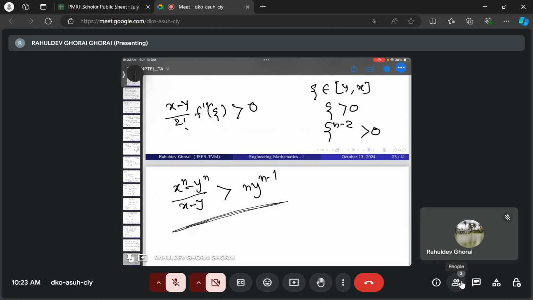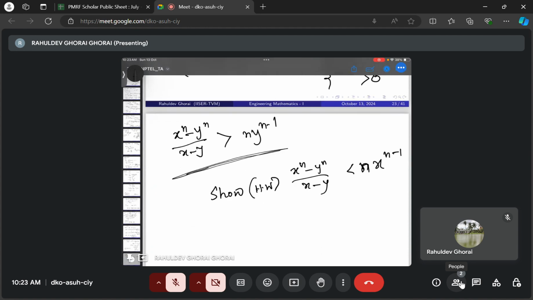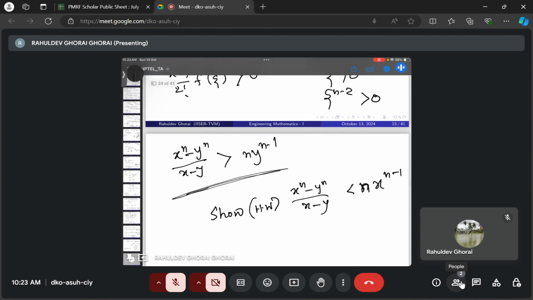You can show in a similar way the other side also, that (x to the power n minus y to the power n) over (x minus y) is less than n times x to the power n minus 1. Show this as homework. Otherwise, approach me if you have any issue, and I will tell you how to do that. So combining these two, you can prove the required estimate.